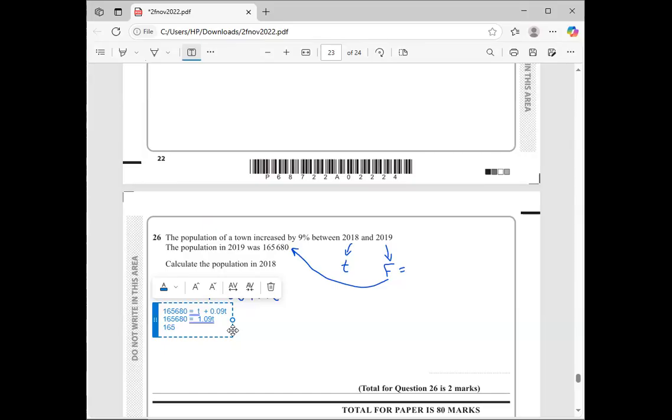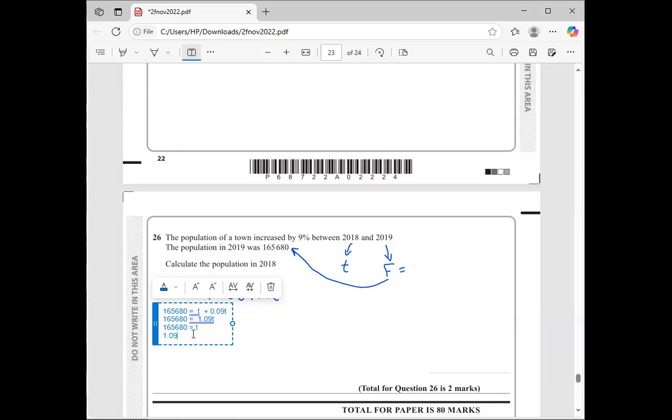Let's type out what should be there. Okay, let me write down all the things I need first. So T, and I'm dividing both sides by 1.09.